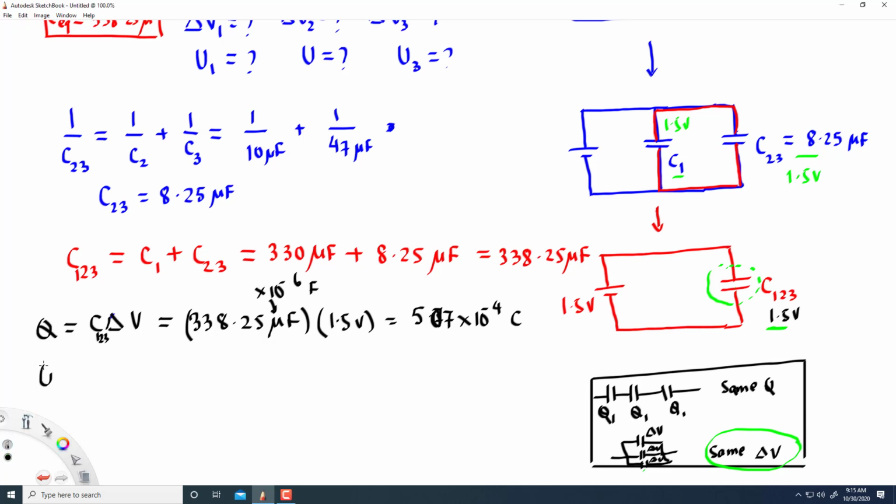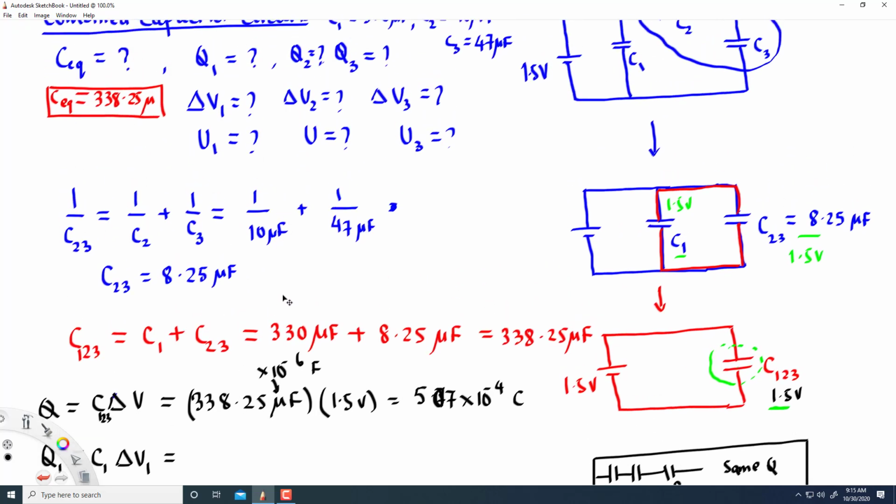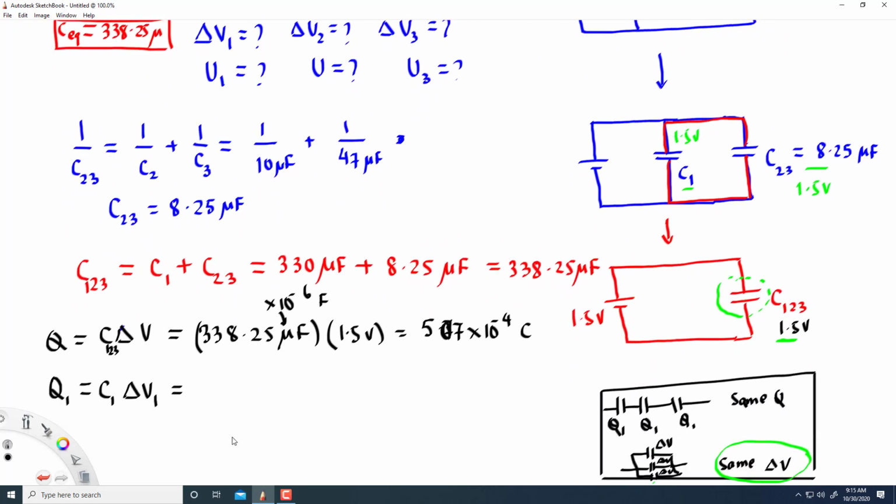So let's find the charge in this C1. Charge in C1, let's call it Q1. Q1 is C1, charge is capacitance times delta V. Capacitance of the first one is 330 microfarad.